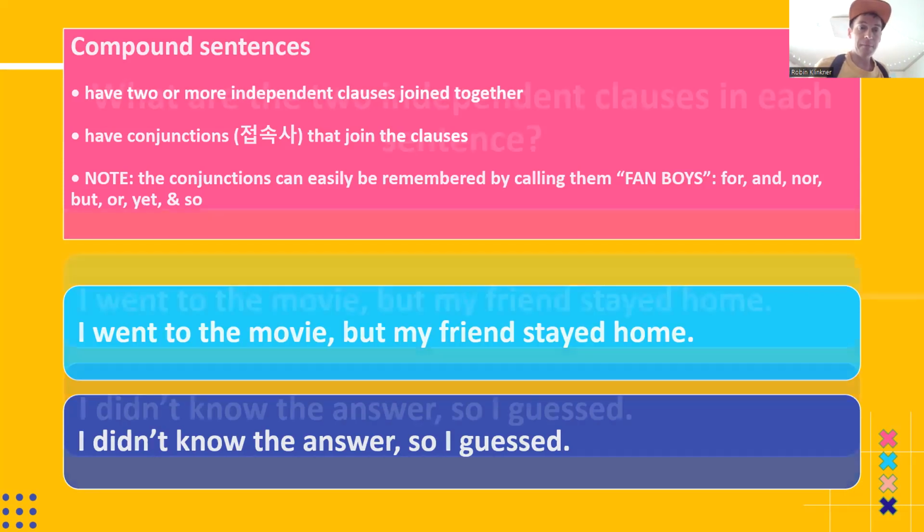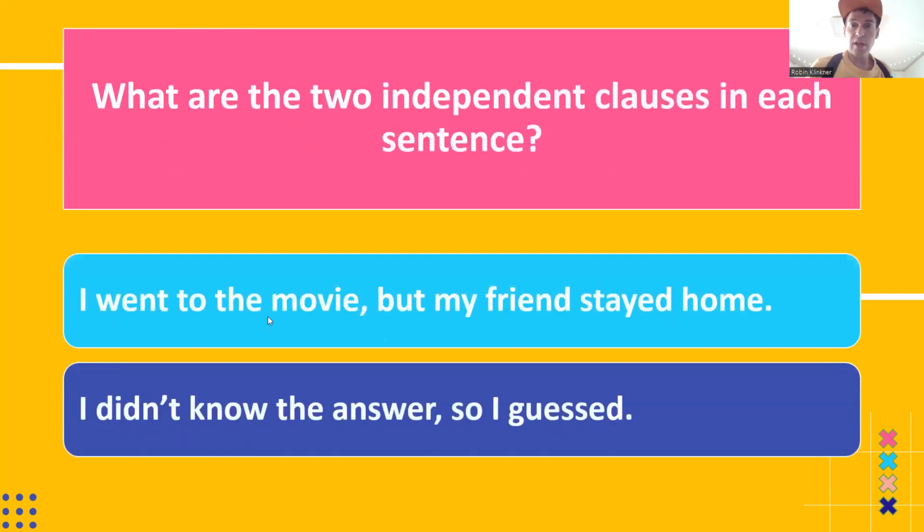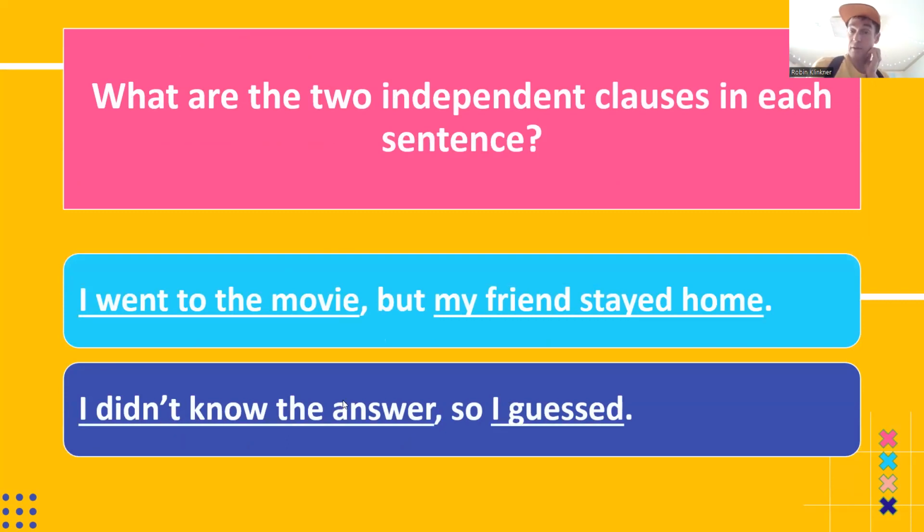So take a look here. What are the 2 independent clauses in the top sentence? 2 independent clauses, the 2 complete thoughts. I went to the movie and my friend stayed home. Down here, I didn't know the answer. I guessed. So every underlined part is an independent clause.